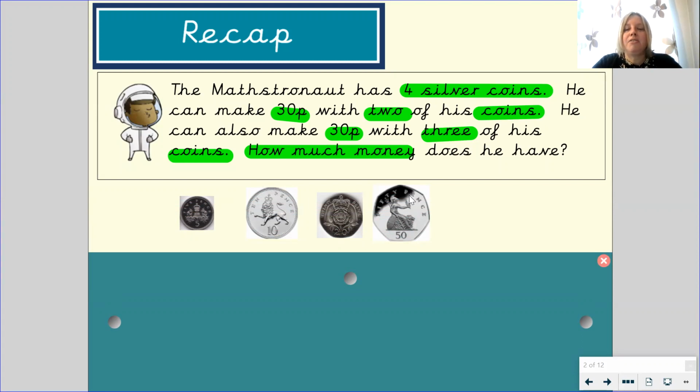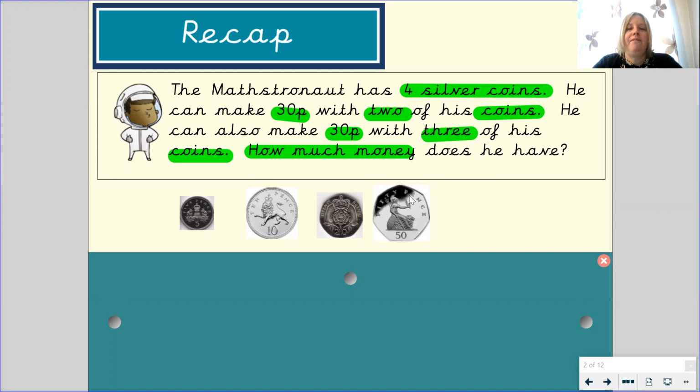Let's look at the next part of the problem. He can make 30p with 2 of his coins. So I want you to pause your video and jot down which of these coins you would use to make 30p, remembering you are only using 2 coins.